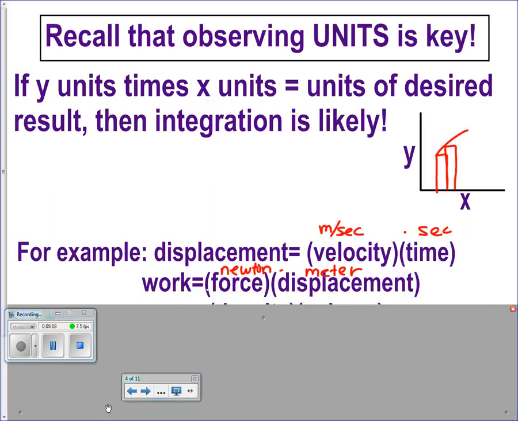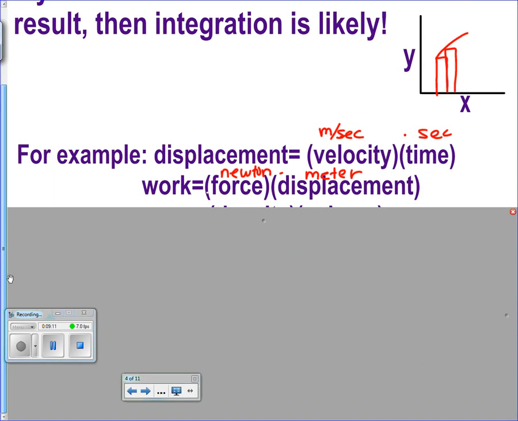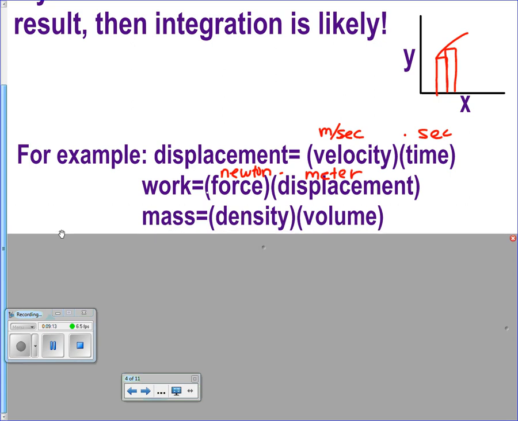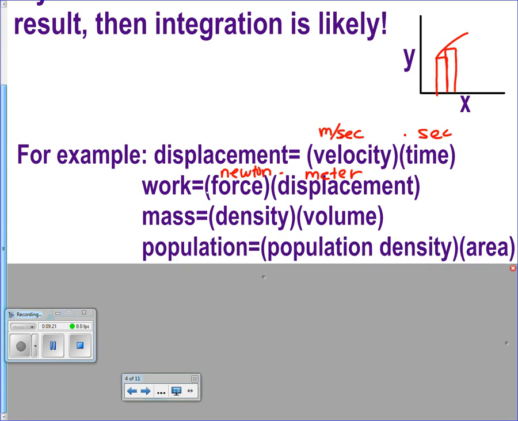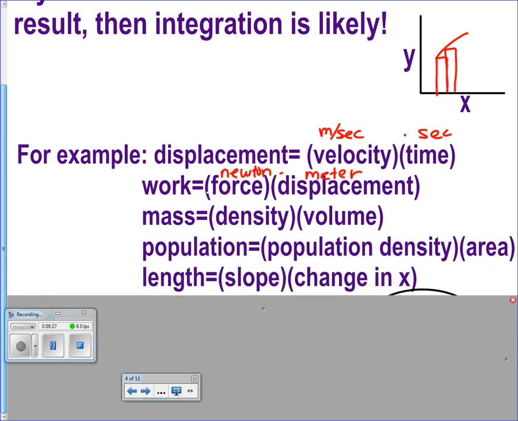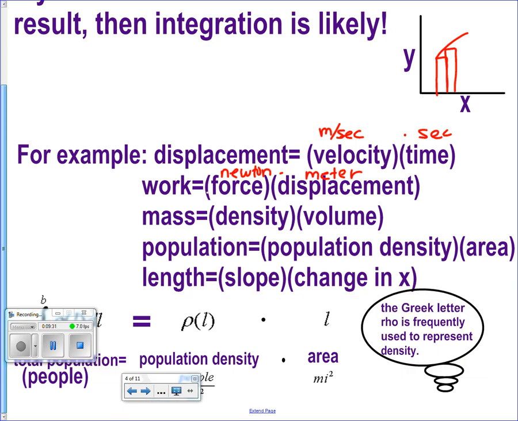So then, let's go back to this. Mass is density times volume. Population, same idea, population density times area, like people per square mile times square miles. And length is the slope times a change in x.